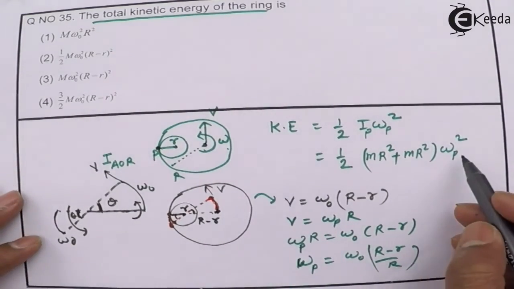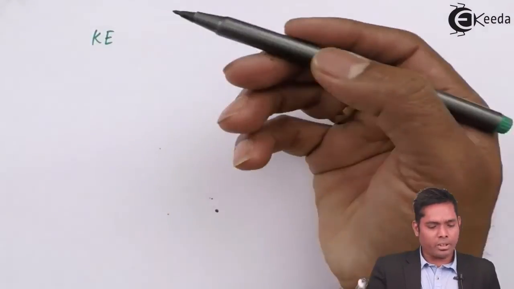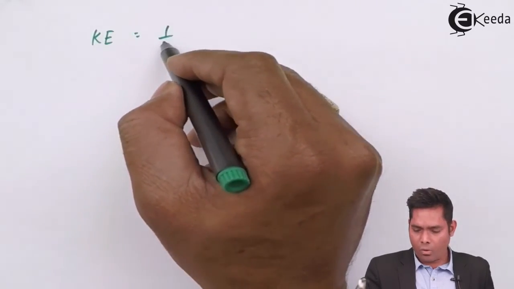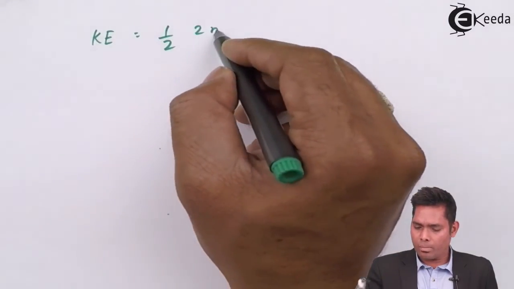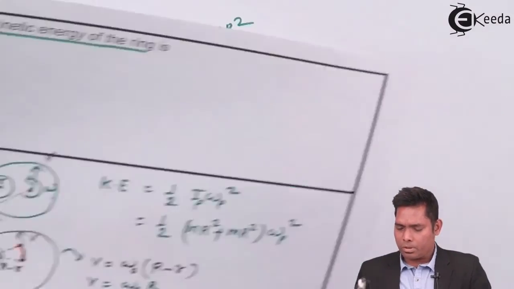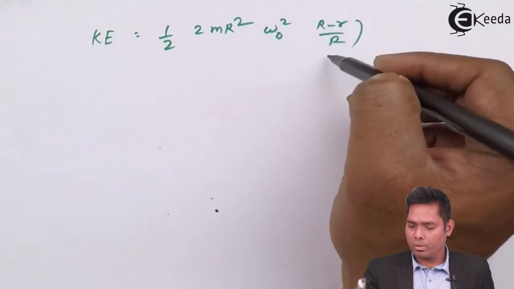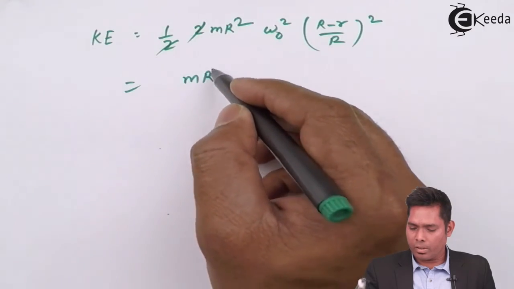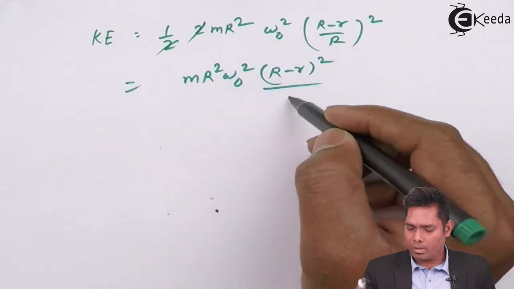See, if I put this value here, what I am getting, kinetic energy of the rotating ring is half of 2mr square into omega p square, that is omega naught square, (R minus r) by r the whole square. So this 2 goes, this is mr square, omega naught square, (R minus r) the whole square divided by r square.